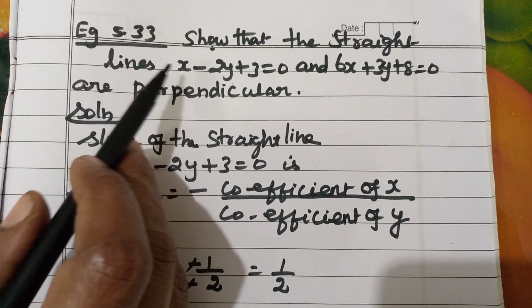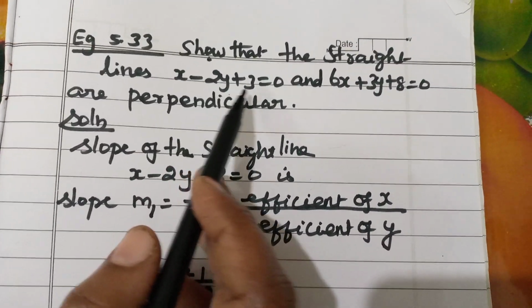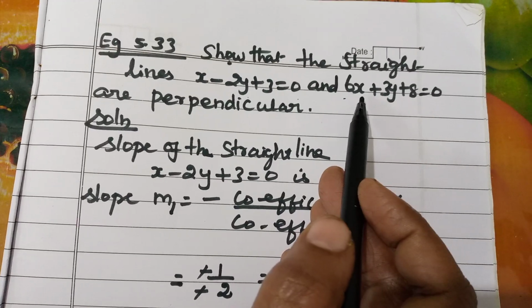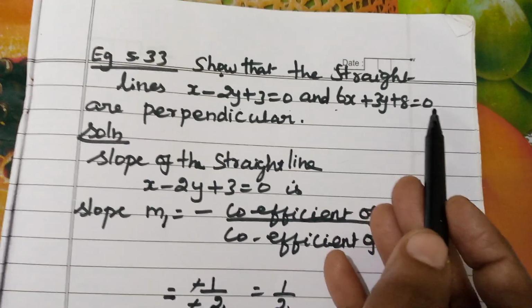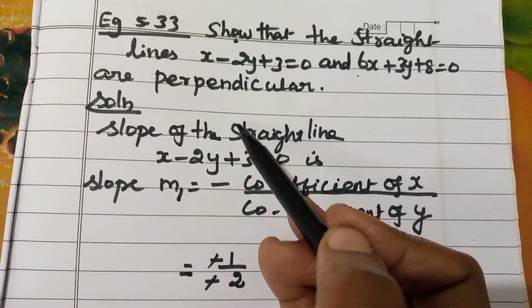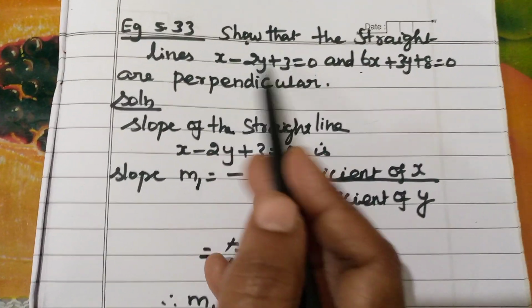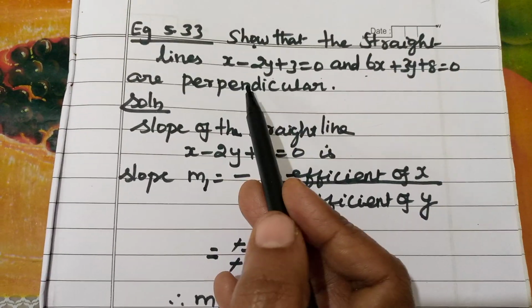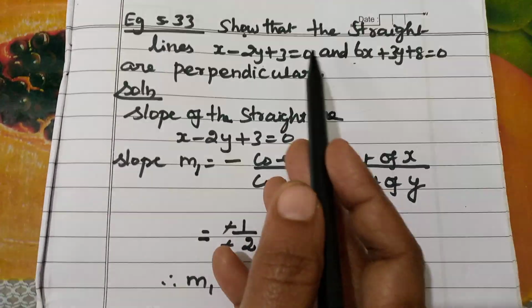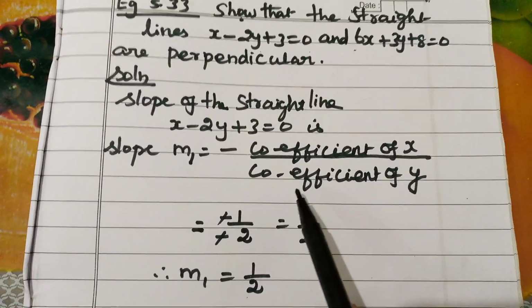See example 5.33. Show that the straight lines x minus 2y plus 3 equal to 0 and 6x plus 3y plus 8 equal to 0 are perpendicular. These two lines are perpendicular, we have to prove. We know for ax plus by plus c equal to 0 form, the slope formula is minus coefficient of x by coefficient of y.